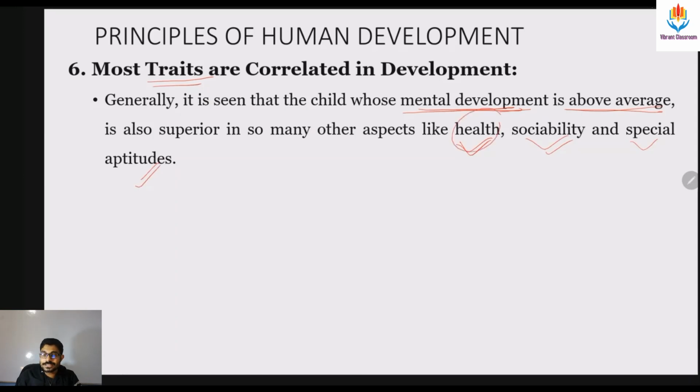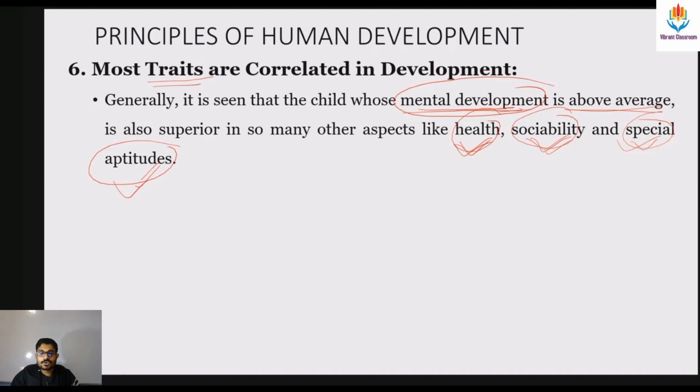These are other psychological concepts. If an individual has sound and good mental development, above average, then we find different psychological concepts also correlated with the mental development process. Due to that, we consider most traits are correlated in development.